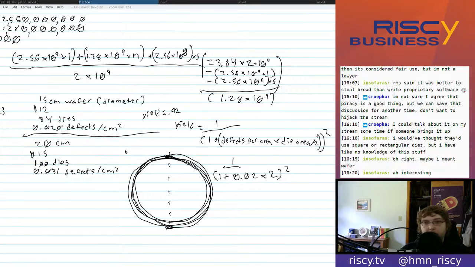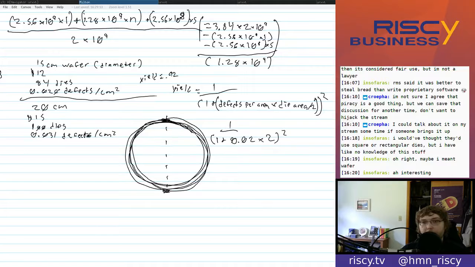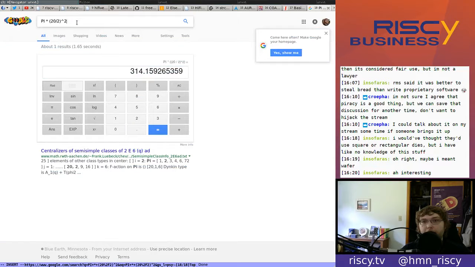Okay, now we want to take that divided by 100 dies. So that's just going to give you pi again, isn't it? I'm pretty sure that's just going to give us pi.